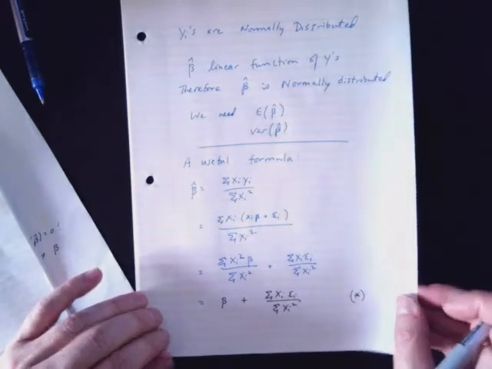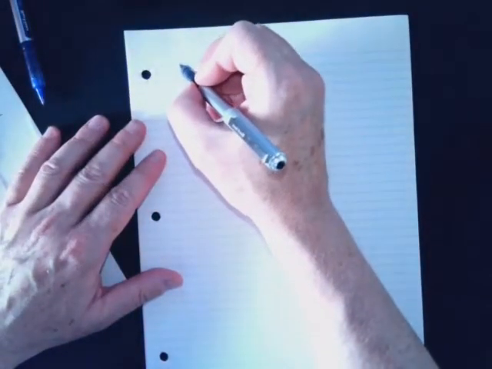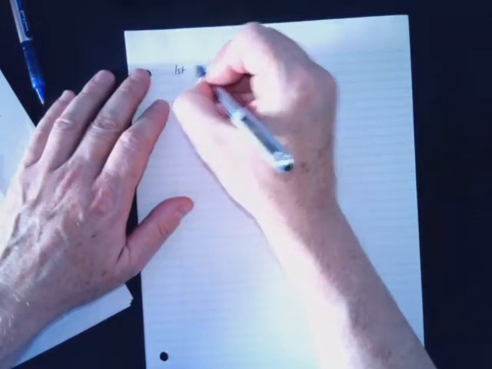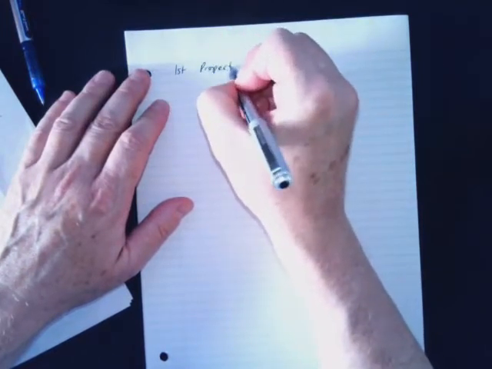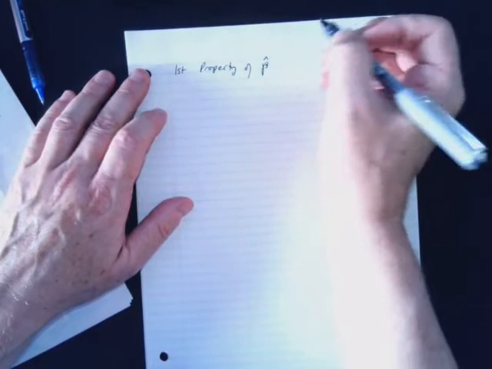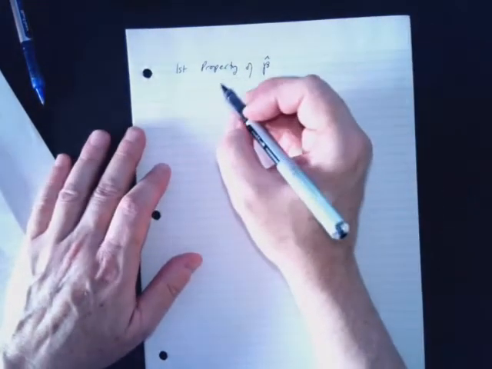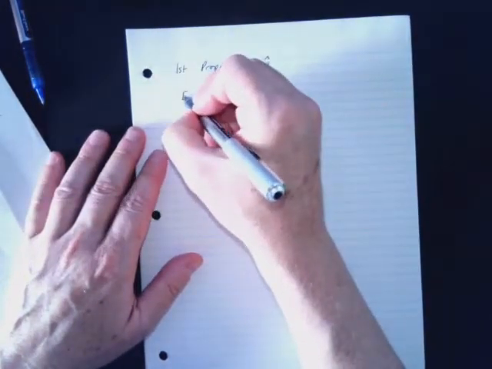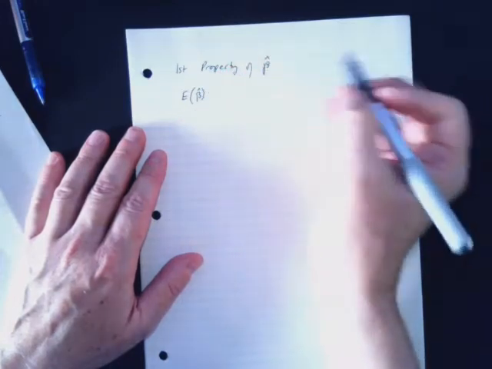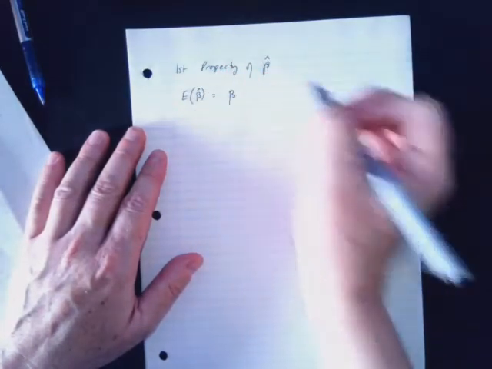All right, on to the first property of beta hat. And that property is the expected value of beta hat equals beta.